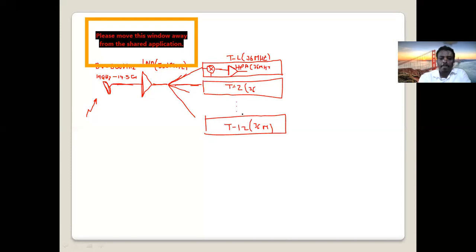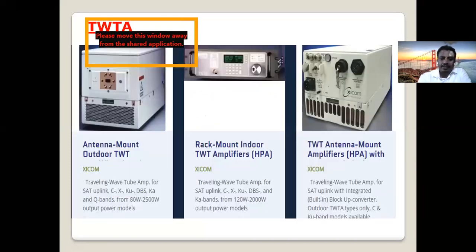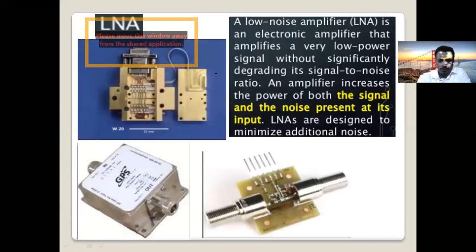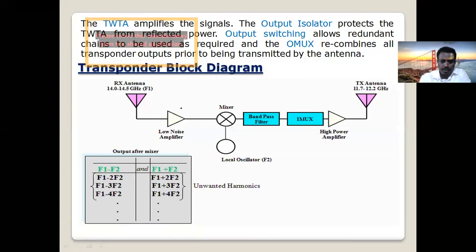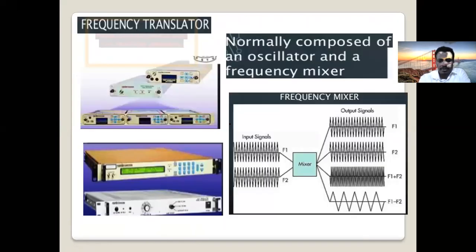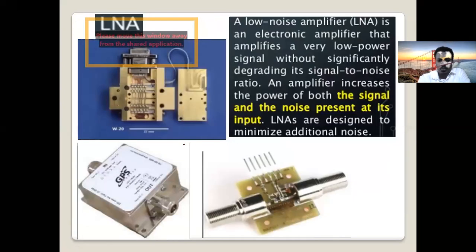Okay, so we have discussed the low noise amplifier in the transponder block diagram. The first device we discussed is the low noise amplifier. Then we discussed the frequency translator, as you can see here. What's the next one?